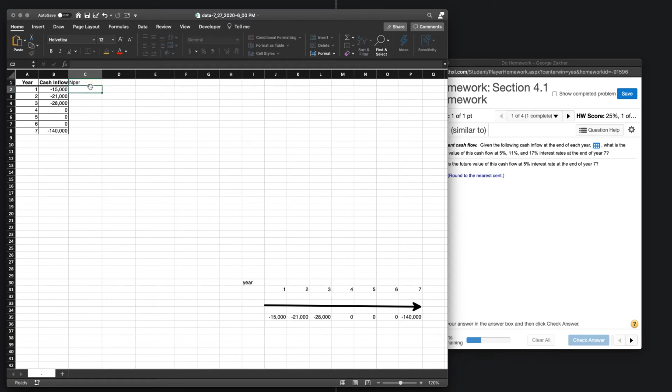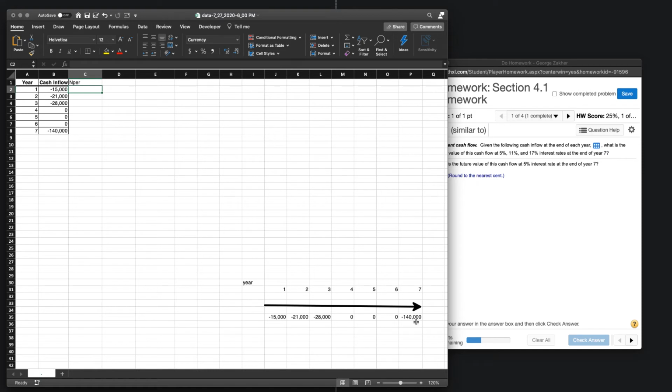In year 1, we're going to count to year 7. So we go 1, 2, 3, 4, 5, 6. So in year 1, the number of years that will pass for this to mature, the future value in year 7, is 6 years.